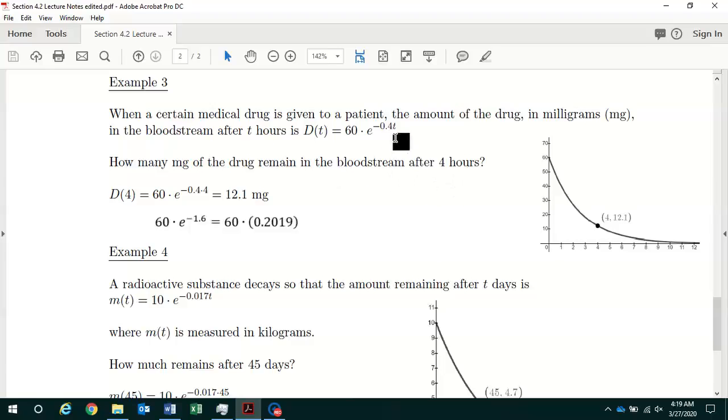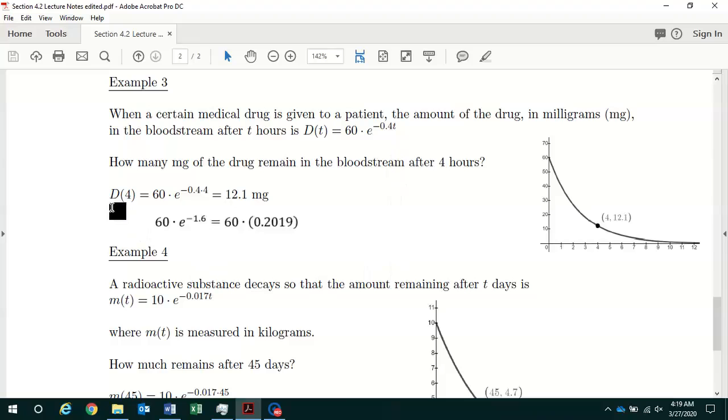So up here, t is the independent variable. And in mathematics, we often use the letter t to represent time. And D of t represents the amount of drug in the bloodstream after t hours. So to find how many milligrams of the drug remain in the bloodstream after 4 hours, we just evaluate the function up here at t equals 4.